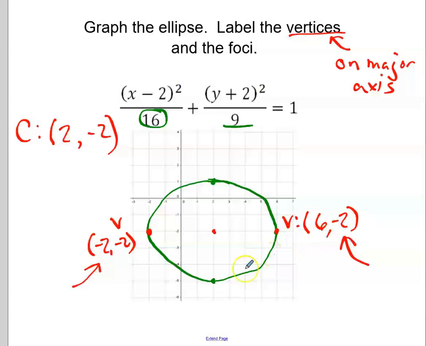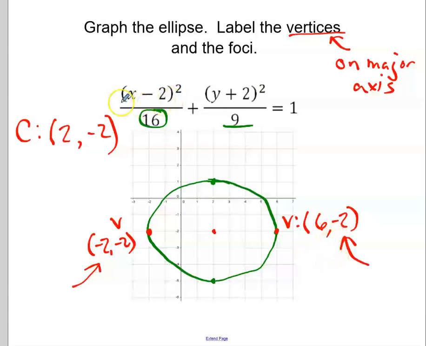And one thing I just want to point out with the vertices is that if you compare those vertices to your center, in this case the major axis was horizontal, you'll notice that the x is 4 less and 4 more.